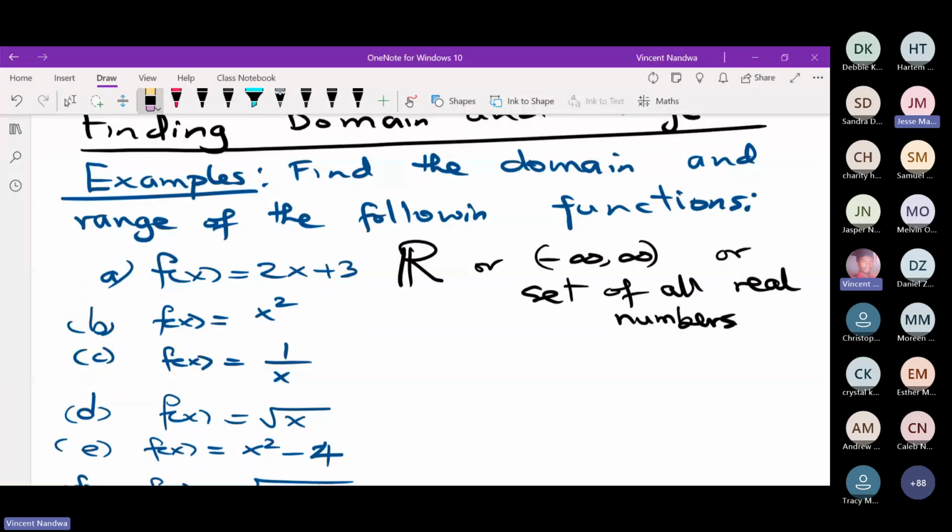So therefore, the range of the function f of x equals 2x plus 3 is the same set of all real numbers, or you can put it in interval notation, or you can just write R. So for f of x equals 2x plus 3, the range and the domain are the same, the set of all real numbers. Let's go to function B.